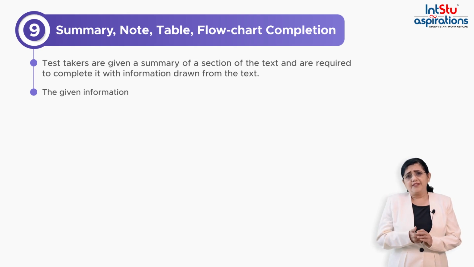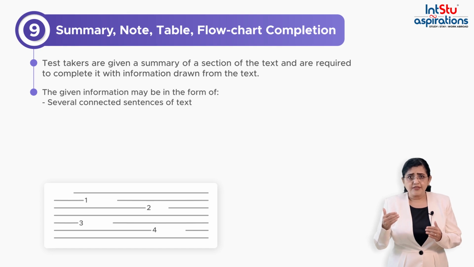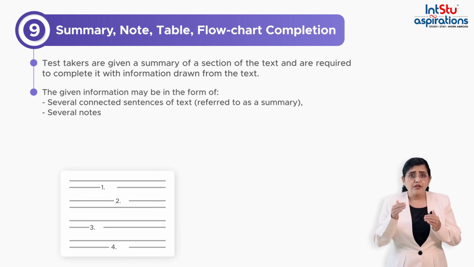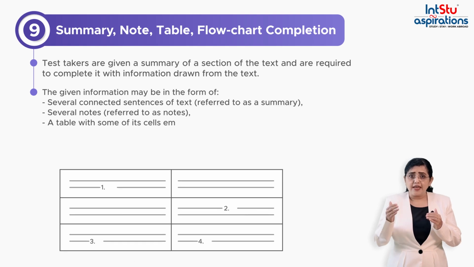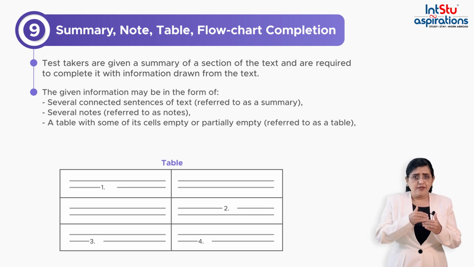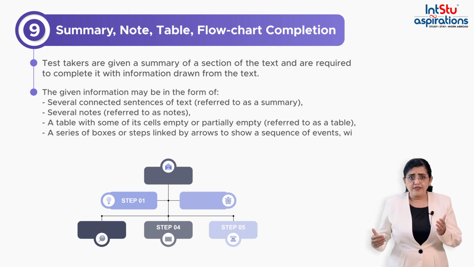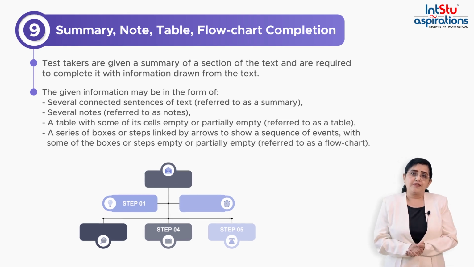The given information may be in the form of several connected sentences of text referred to as a summary, several notes referred to as notes, a table with some of its cells empty or partially empty referred to as a table, a series of boxes or steps linked by arrows to show a sequence of events with some of the boxes or steps empty or partially empty referred to as a flowchart.